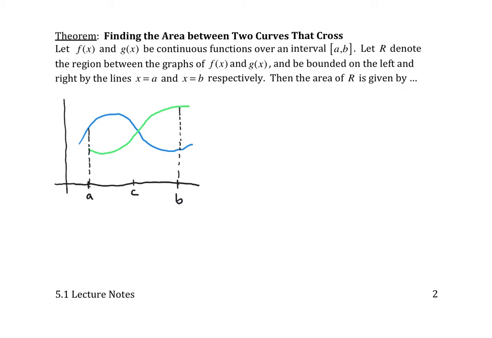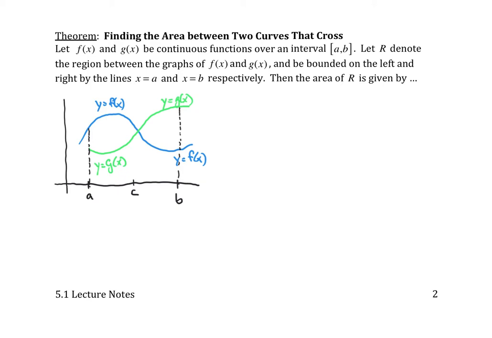My blue function here would be y equal to f of x. And this is still f of x down here at the bottom. My g of x is going to be the green curve. Y equal to g of x. And it's still y equal to g of x over here.